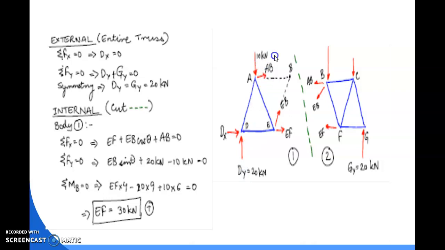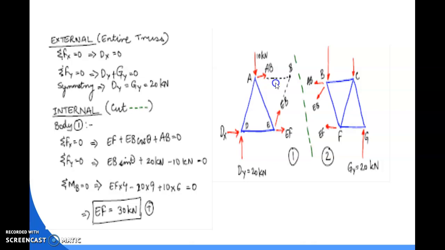Now comes this 10 kN. It will cover 6 meter from here to here. So the moment for the 10 kN should be 10 into 6, and it will give a sagging moment about B. Hence, by putting all the moments, we got our EF value, that is the force on the EF member, which is equal to 30 kN.